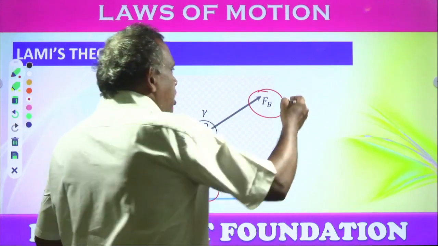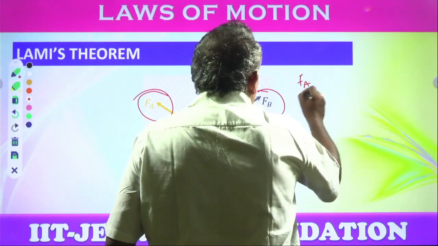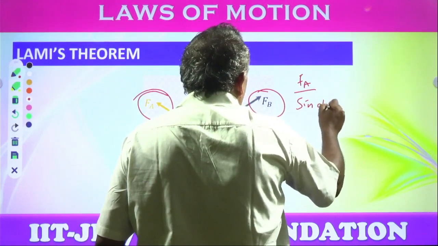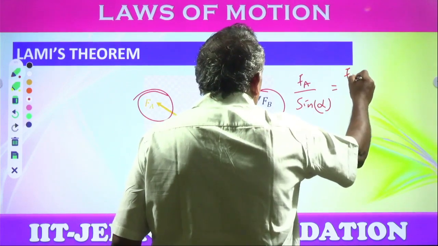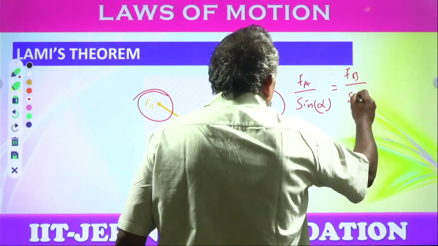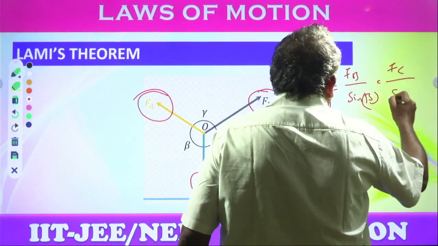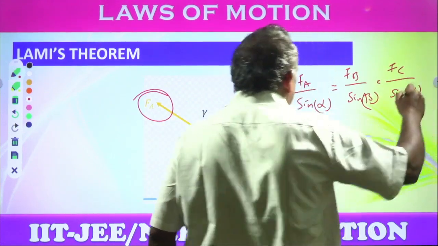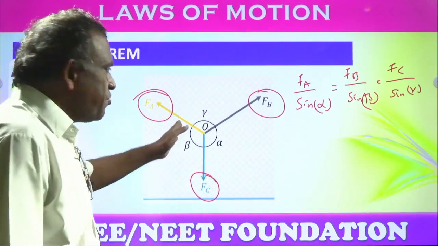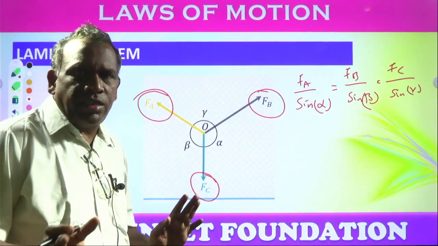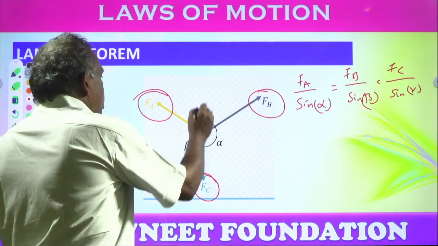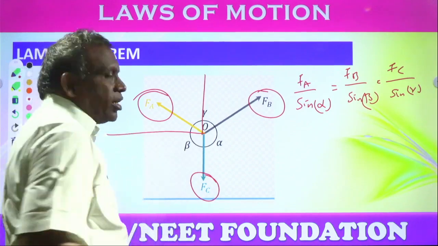So according to Lami's theorem, Fa by sin alpha is equal to Fb by sin beta is equal to Fc by sin gamma.